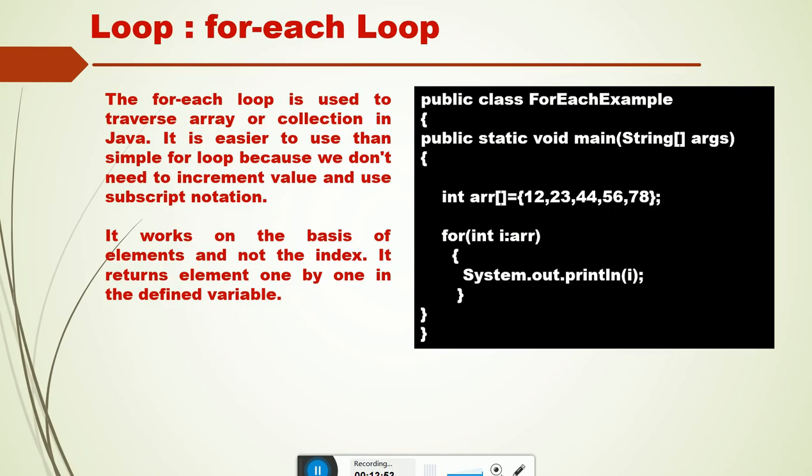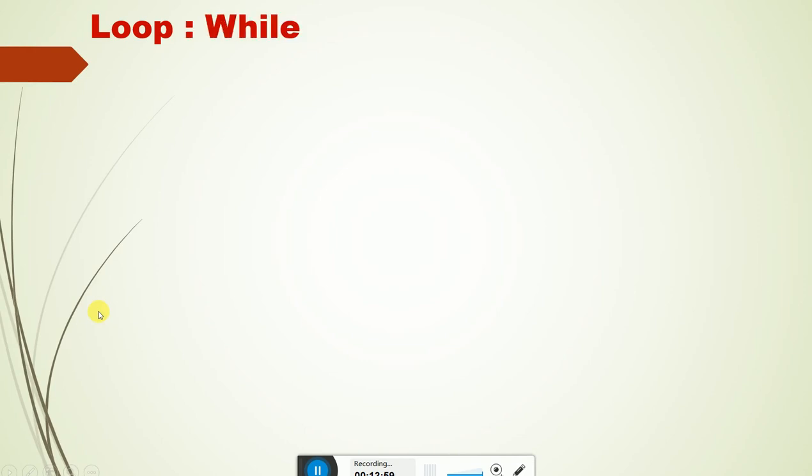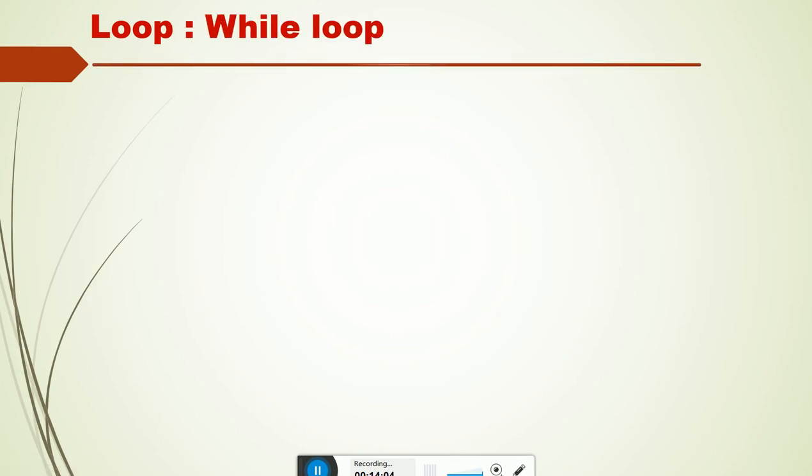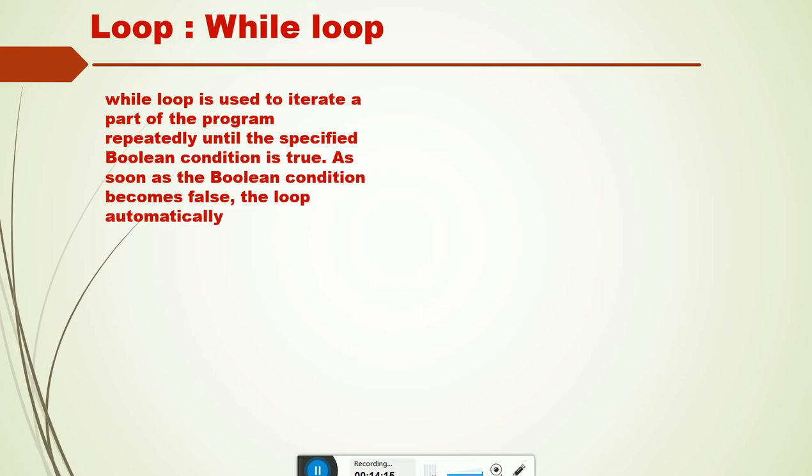Okay, now let me explain the next thing. So proceed to the next. While loop. The while loop is used to iterate a part of the program repeatedly until the specified Boolean condition is true.